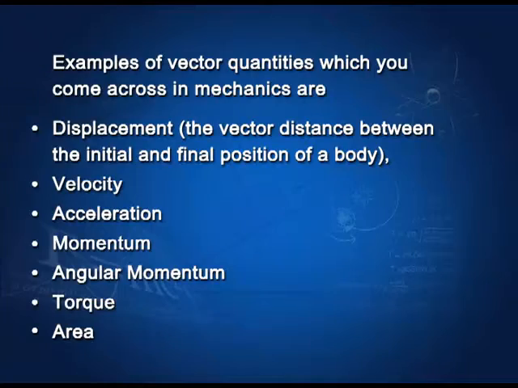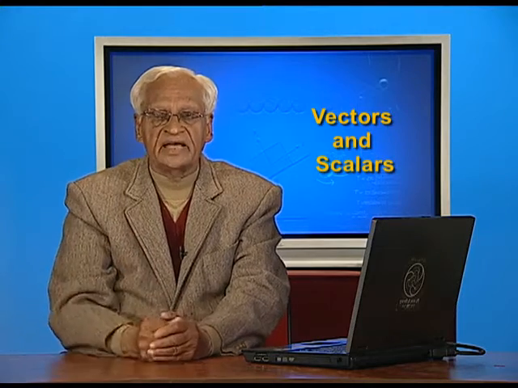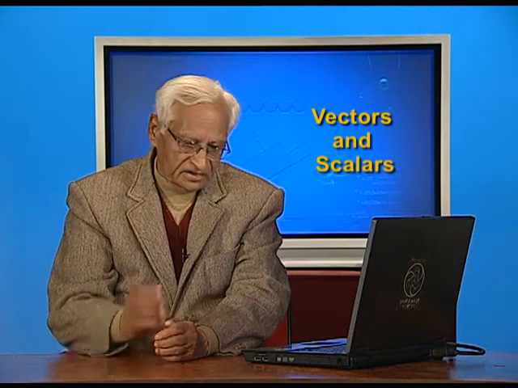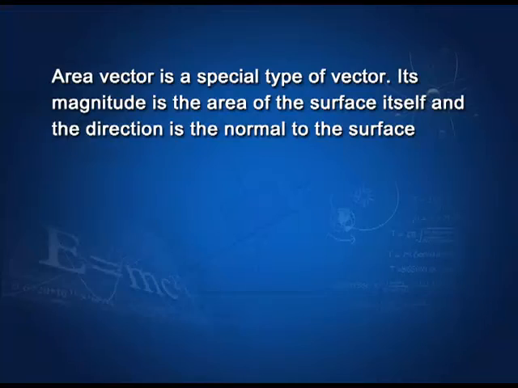And area, I have chosen this area because many times you would deal with area as a vector. So, let us see what this vector is. Area vector is a special type of vector. Its magnitude is the area of the surface itself, and the direction is the normal to the surface.